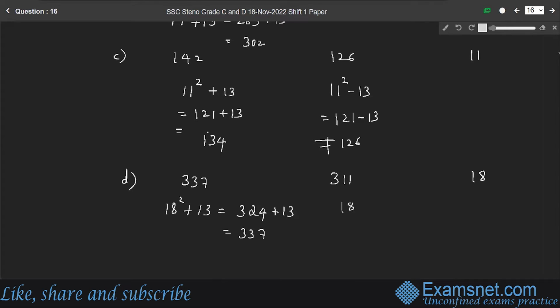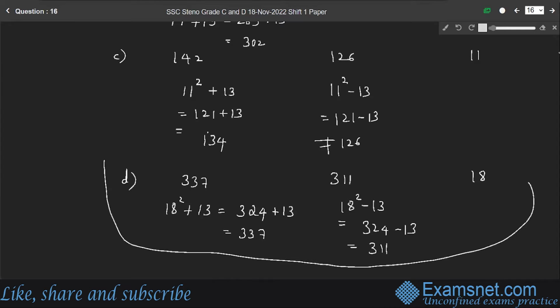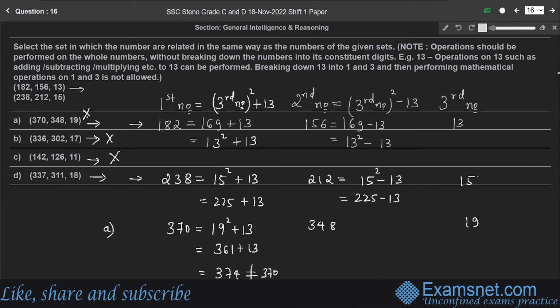And 18 squared minus 13 should be equal to 311. 18 squared is 324, minus 13 is 311. Therefore, option D follows the logic of the given set of numbers, in which the first number is equal to the third number squared plus 13, and the second number is equal to the third number squared minus 13. Hence, option D is the right answer.